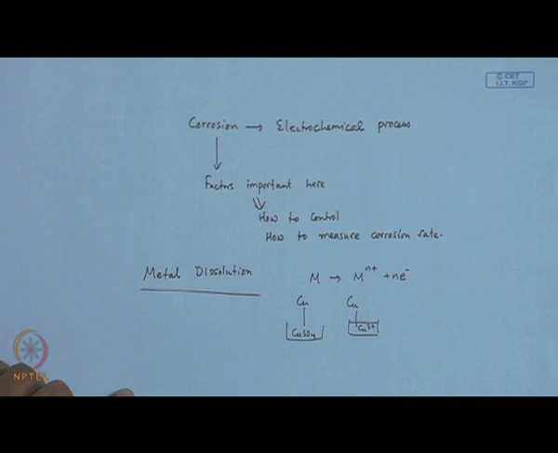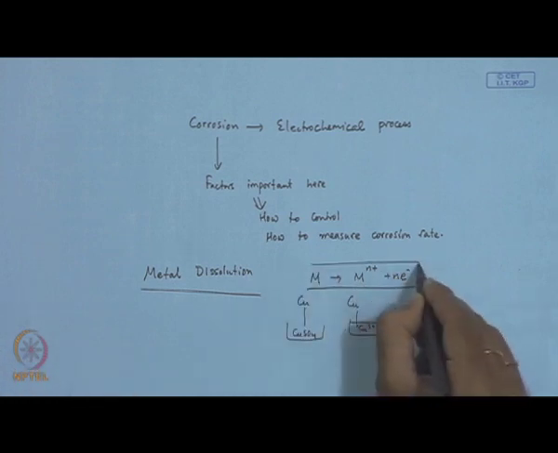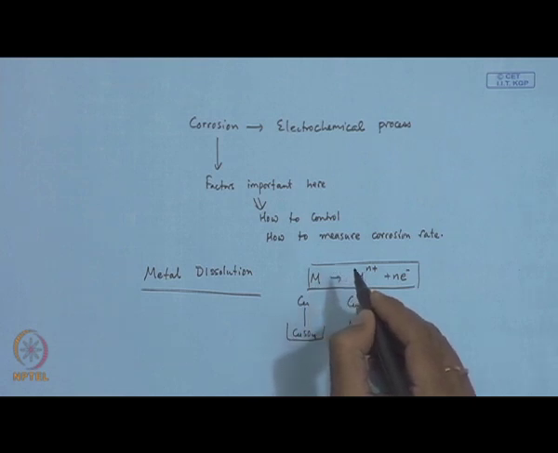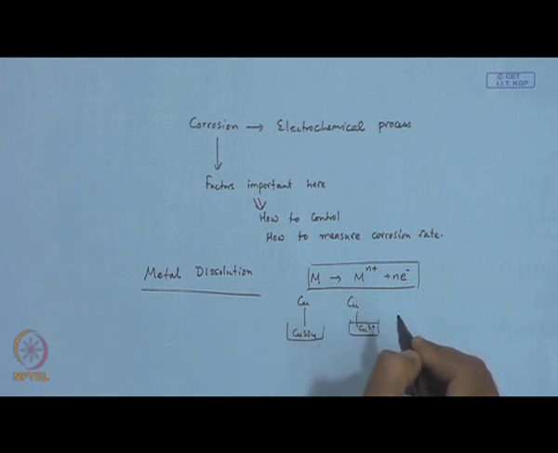In this case the metal has solubility in the solution in which it is placed, like copper in copper sulphate. So, the general equilibrium reaction is like this.